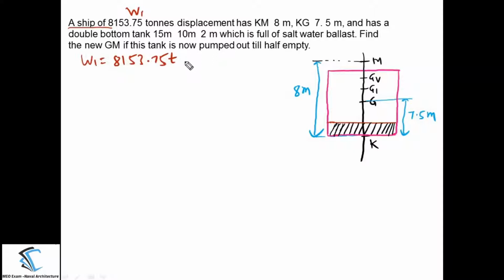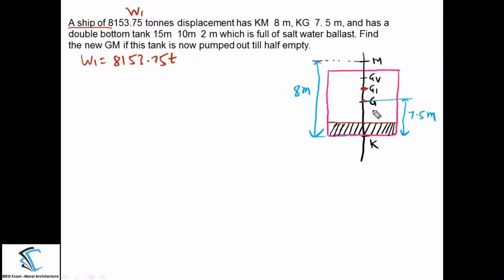So you are removing some amount of the water from the double bottom. It means that you are removing some weight from the double bottom. If you are removing some weight from the double bottom, what will happen? Because of the removal of the weight, there will be a rise of the center of gravity from G to G1.